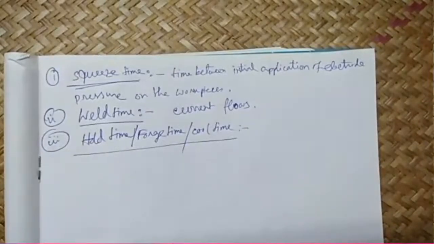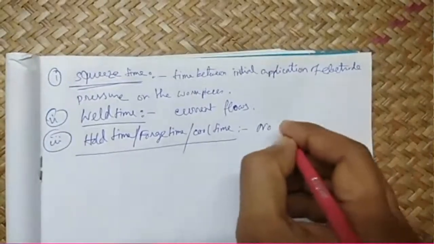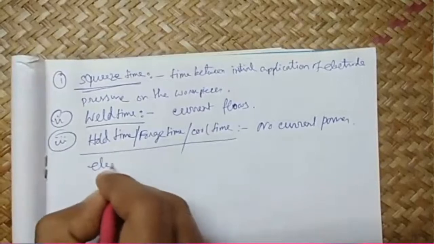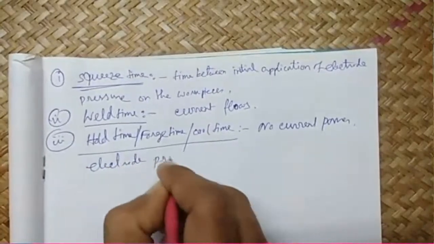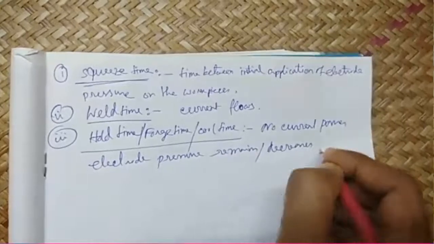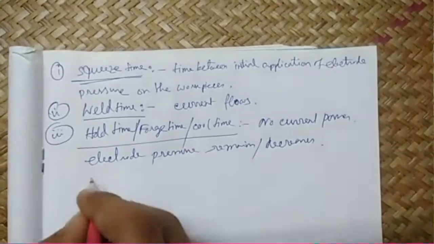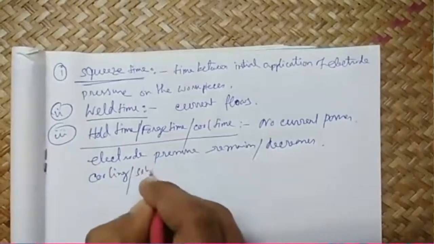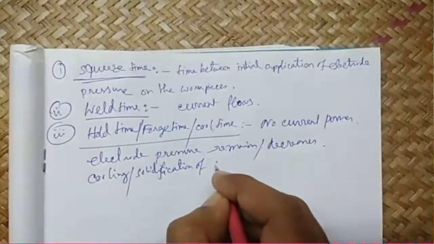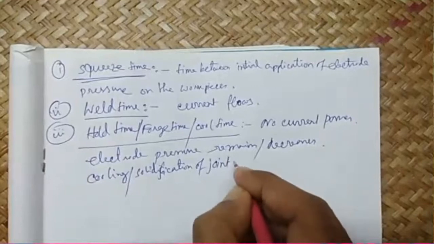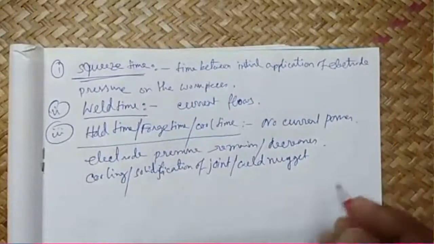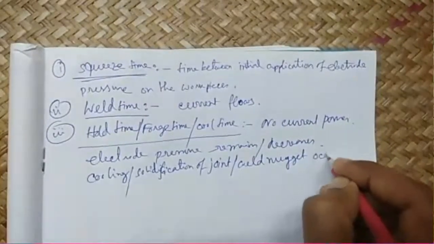Okay, so here no current passes, electrode pressure remains or decreases, and cooling or solidification of joint or weld nugget occurs.